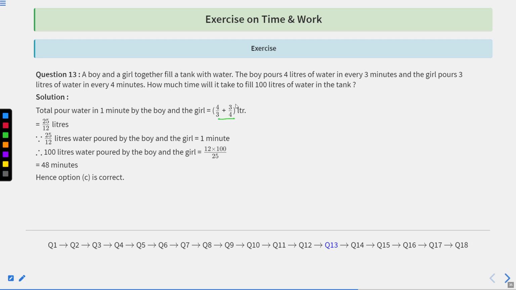That means 25 by 12 liters. And since 25 by 12 liters of water is poured by the boy and the girl in 1 minute, then 100 liters of water will take 12 into 100 upon 25, that is 48 minutes. So the correct option here is option C.